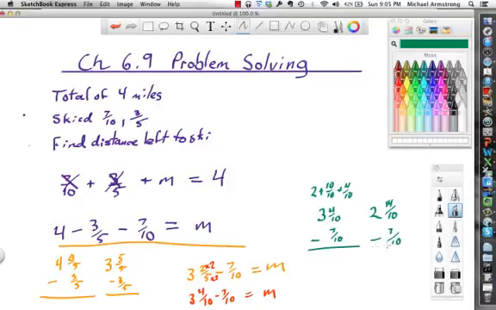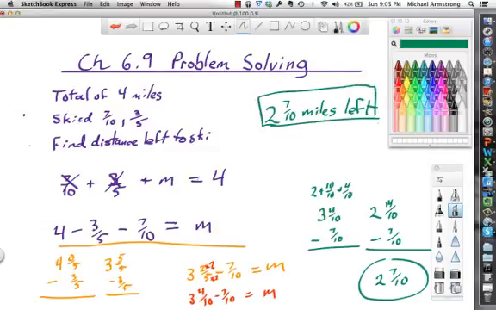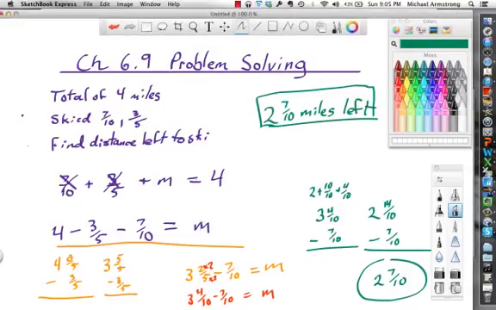Minus 7/10 equals 2 and 7/10. 14 take away 7 is 7. So 2 and 7/10 is our answer, and that's our miles. So we have 2 and 7/10 miles left. And a lot of times we want to write our answer as an answer to the question. It says, so the family has blank miles left to ski. It's 2 and 7/10. This is what we got. M equals 2 and 7/10.